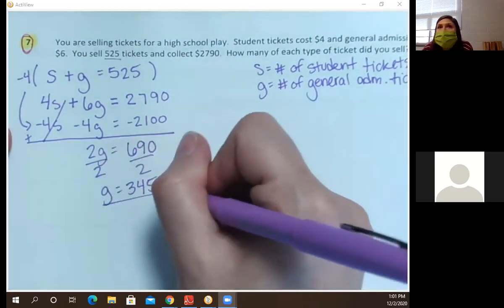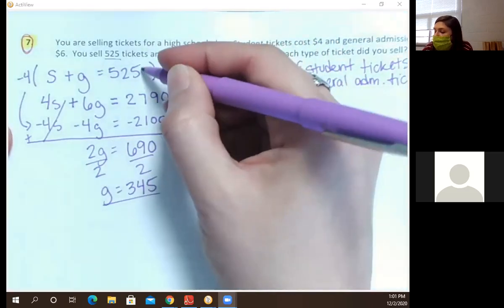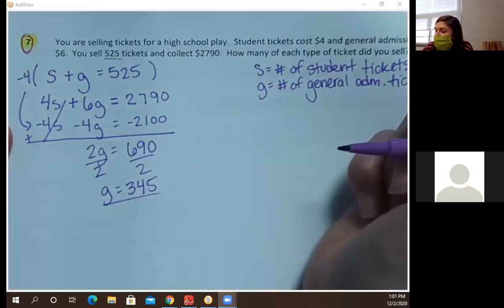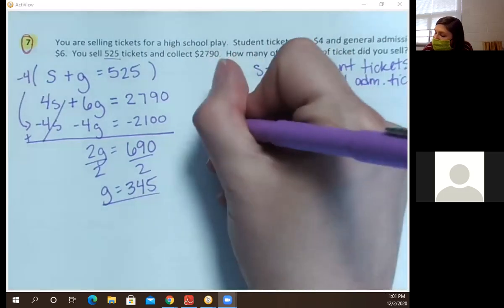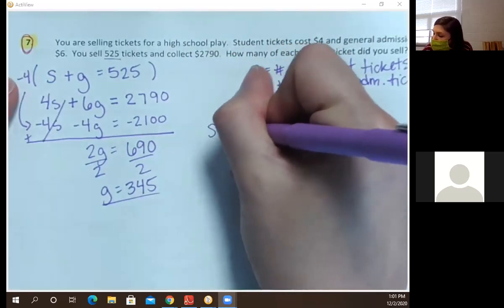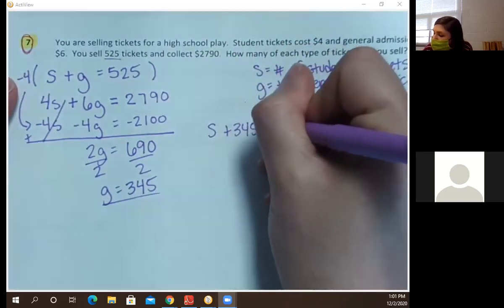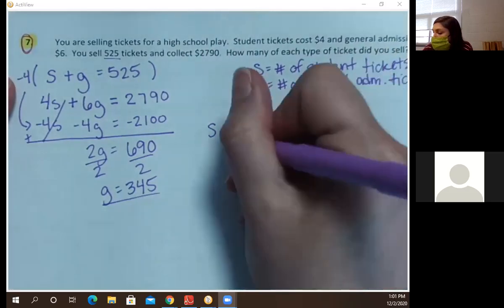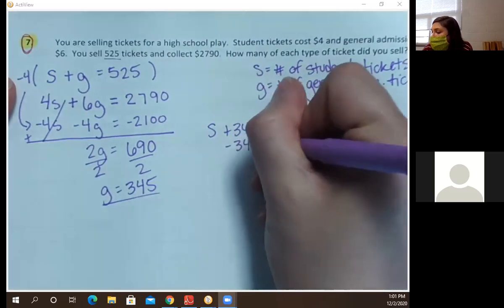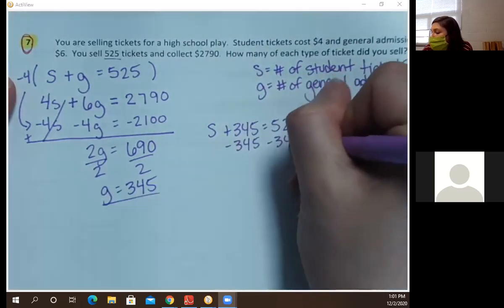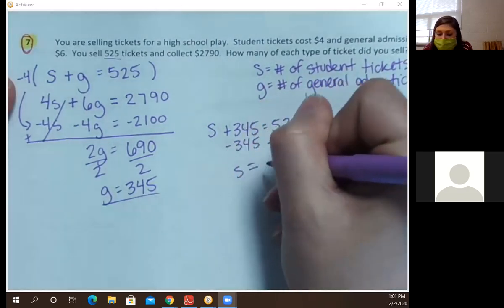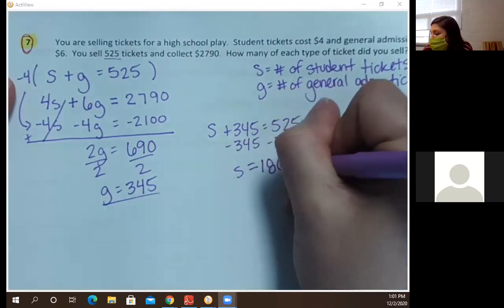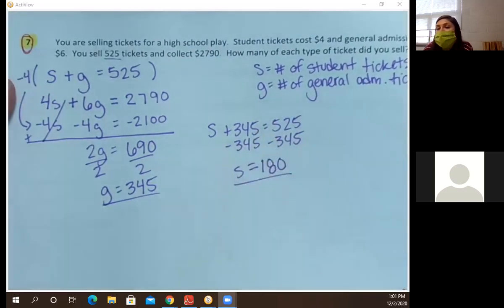Once I have a value for G, I can plug that back into one of my original equations to solve for S. I'm going to plug this into the top equation. So S plus 345 equals 525. Now I'm going to subtract 345 from both sides, and I get S to be 180.